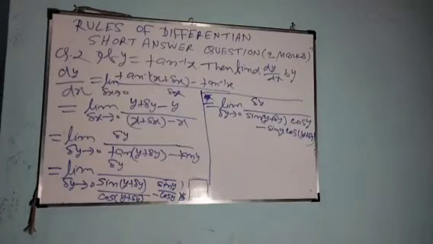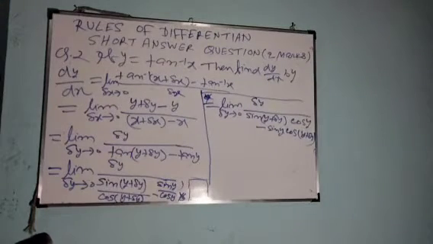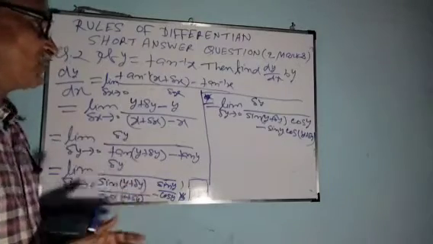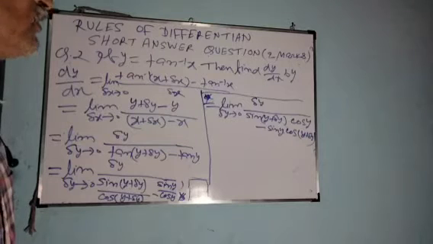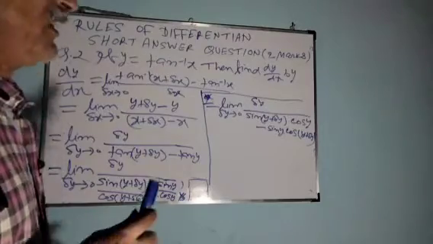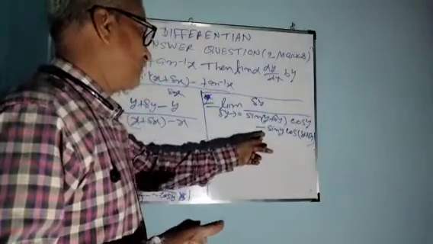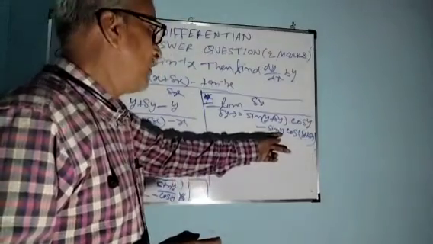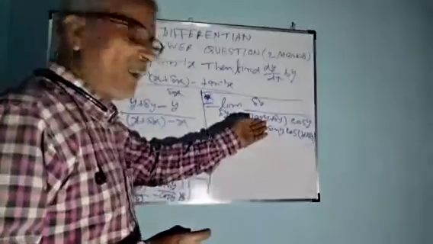Now we use the formula of trigonometry: sin of a plus b is equal to sin a into cos b plus cos a into sin b. We are going to use that formula here.